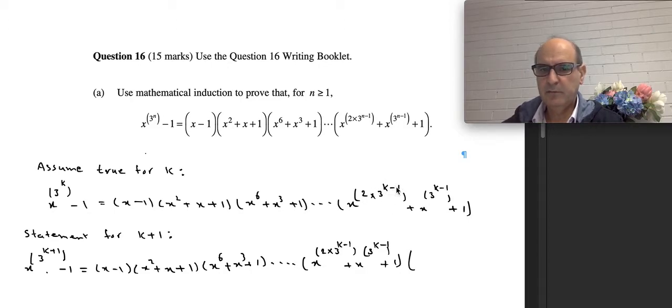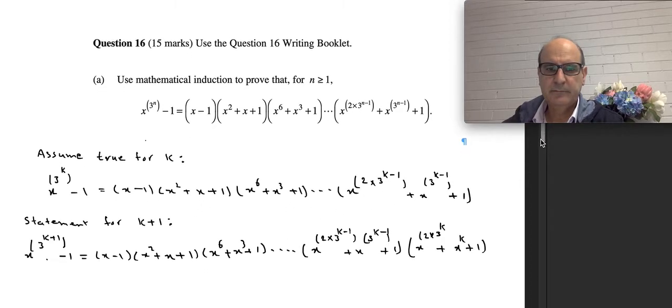So k plus 1 minus 1 just becomes k. So 3 to the k. So x to the power of 2 times 3 to the k plus x, again k plus 1 minus 1 becomes just k plus 1. That is what we are trying to prove.